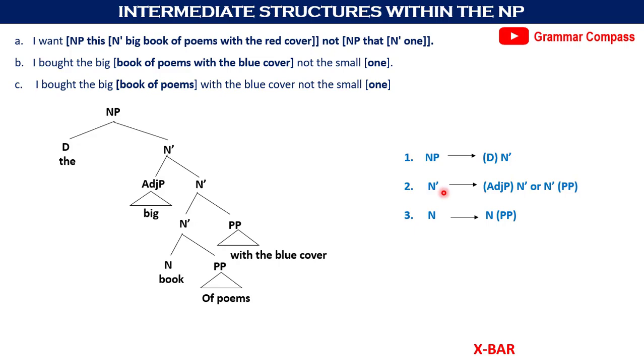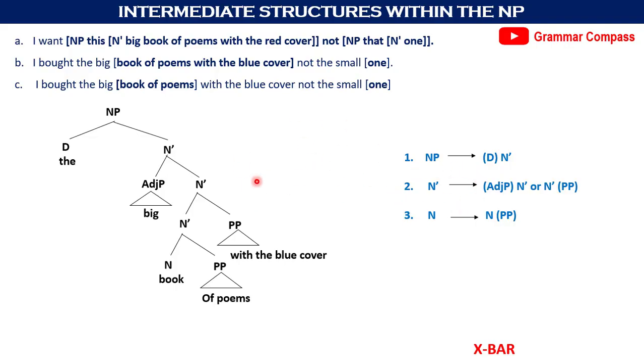It is self-recursive, meaning we can repeat it as many times as we want. So you can have as many N bars as you want in a sentence, depending on the number of modifiers or qualifiers that you have. And then we have our last noun phrase rule, that is the one that introduces the head. So these are the three major rules of the noun phrase.